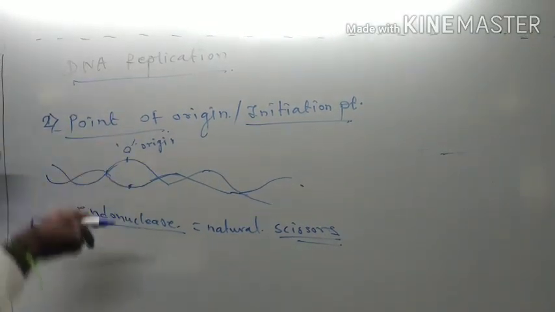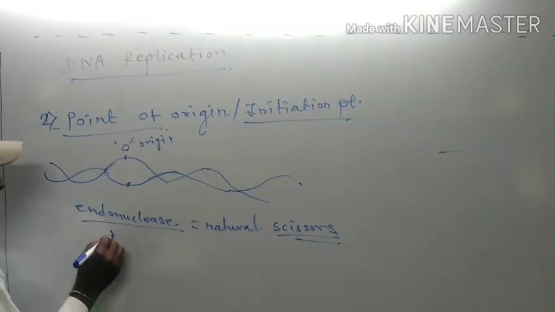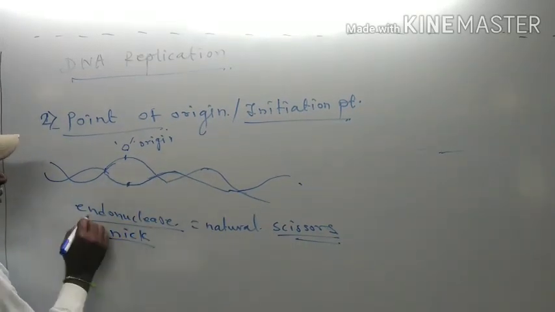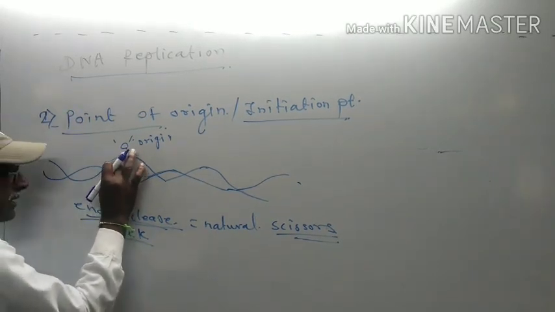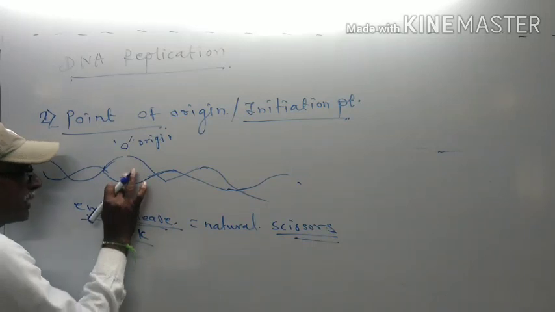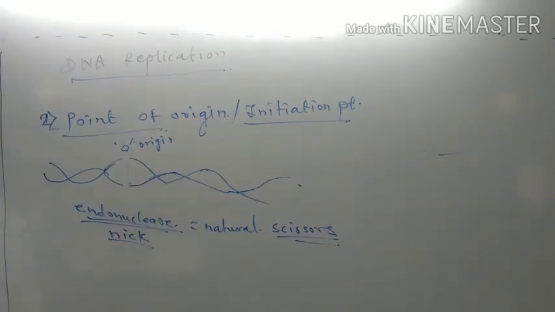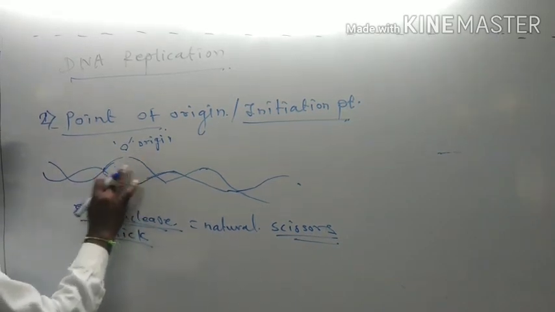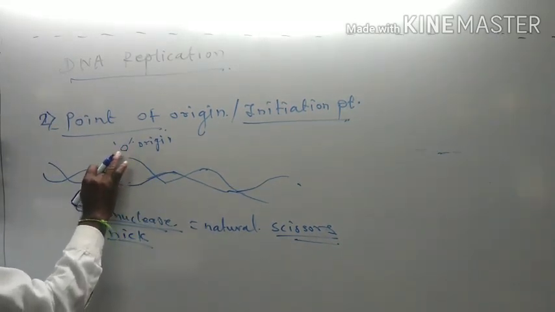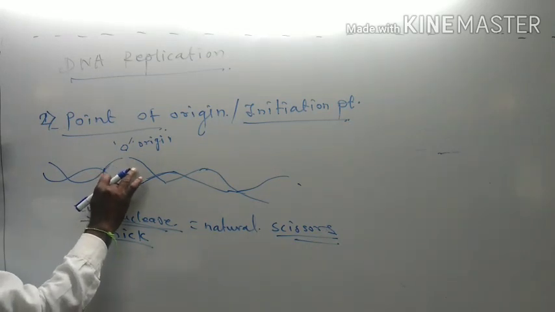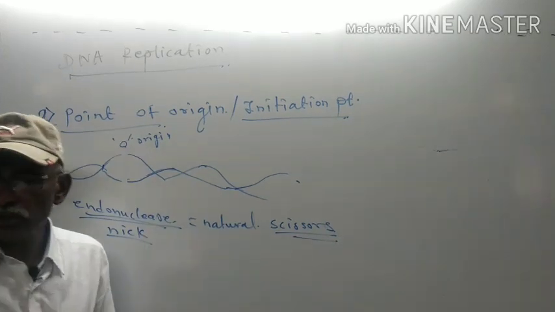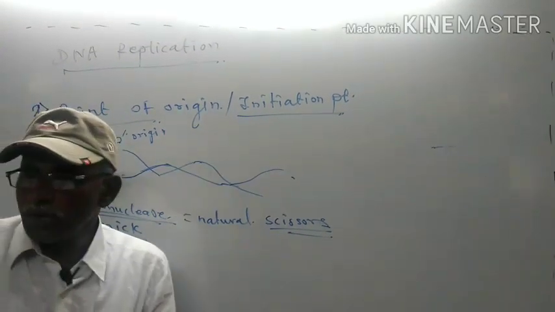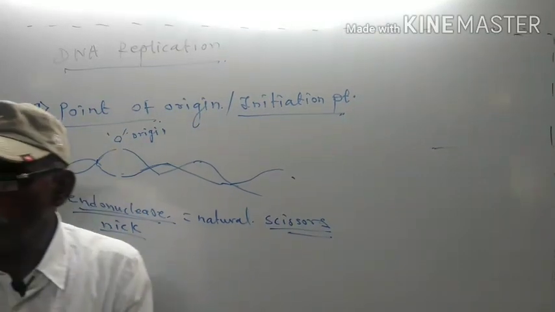At the O point, a nick is given. By whom? Endonuclease enzyme, and with the help of endonuclease enzyme, this DNA is broken and these two strands get separated. This is the point of origin.